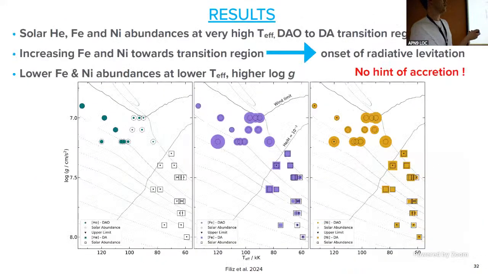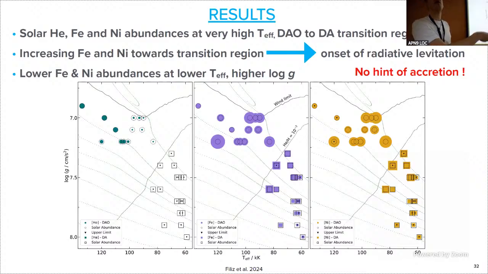So we also looked at the abundances in the Teff-log g diagram. So if you go to this region, then the diffusion starts to be very effective. We see that from the iron and nickel lines, iron and nickel abundances. And around this region, actually, the radiative levitation starts to be very important.